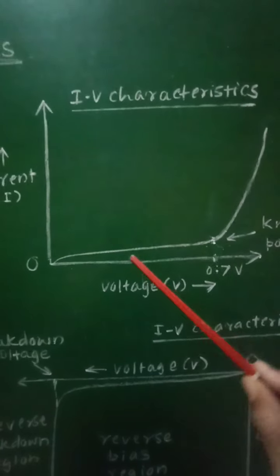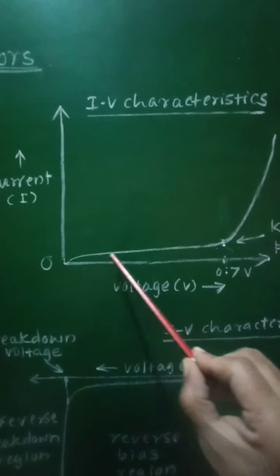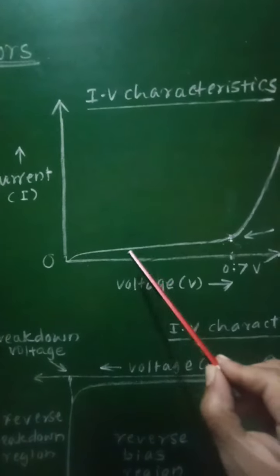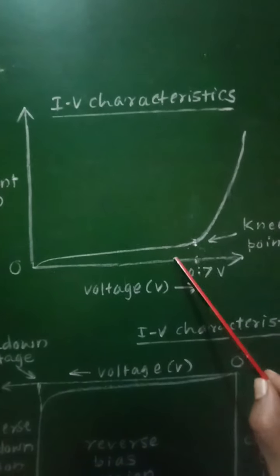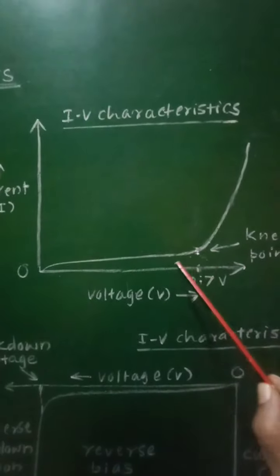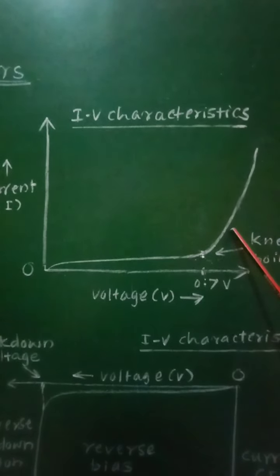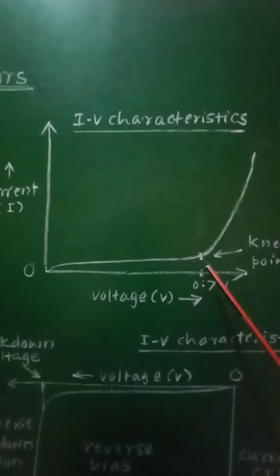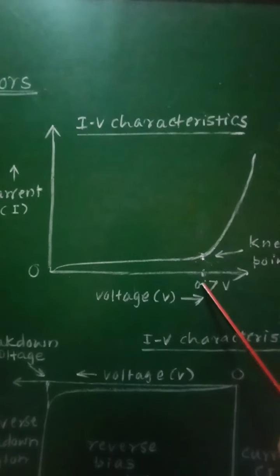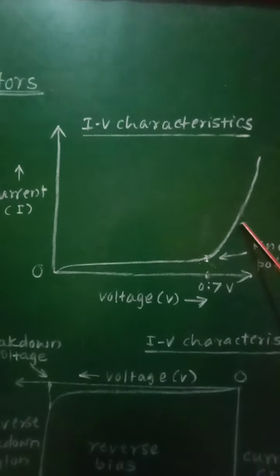That is, for small voltages, very small current will be set up in the diode, and after this knee point there will be a large increase in the current. The diode becomes a short circuit above this knee point and conducts a large amount of current.